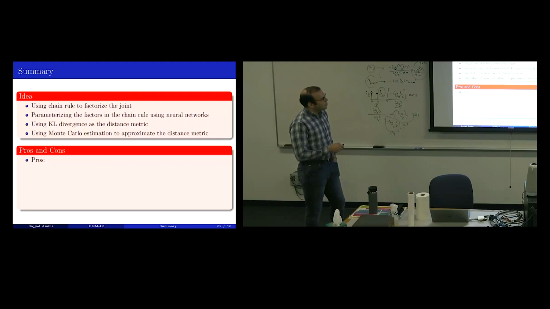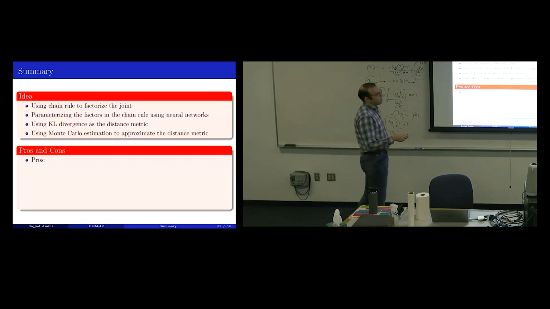We also use Monte Carlo estimation to approximate the distance. We know that the distance should be an expectation with respect to the true data distribution. Because we do not have the true data distribution, we sample from it. It means that we select the training samples, and then using Monte Carlo estimation, we estimate the distance.